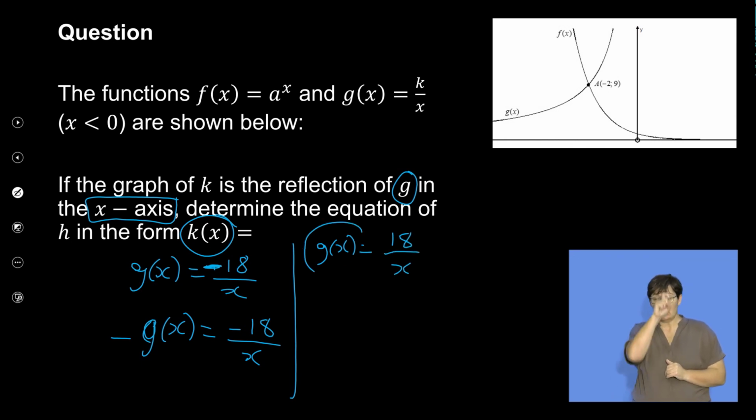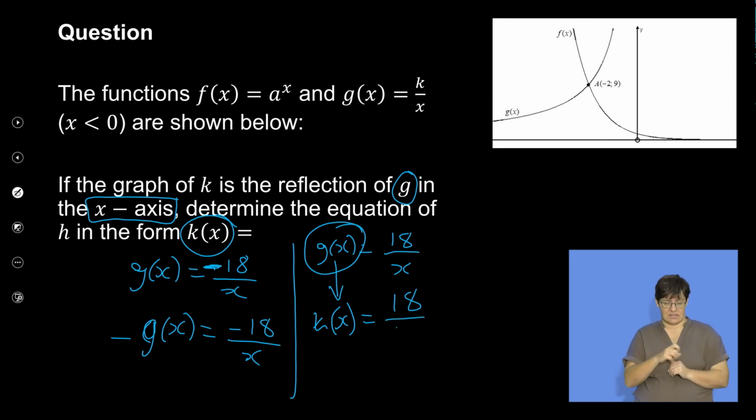But remember, the g of x is actually the k of x, which is the new function that is formed. And this is a positive 18 over x. So if you reflect it in the y-axis and the x-axis, it will have the same effect on the mother function.